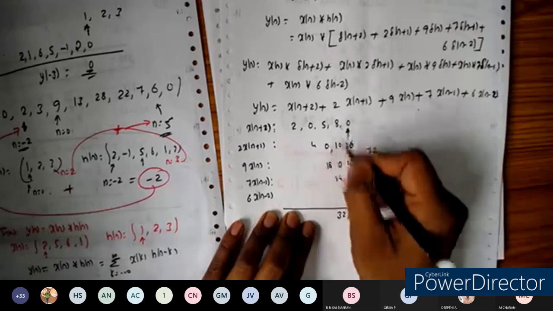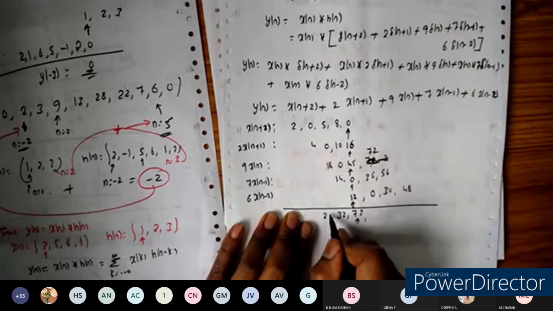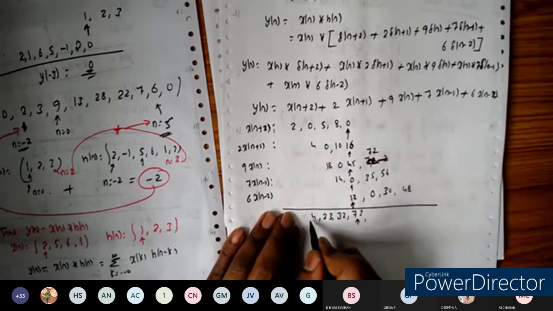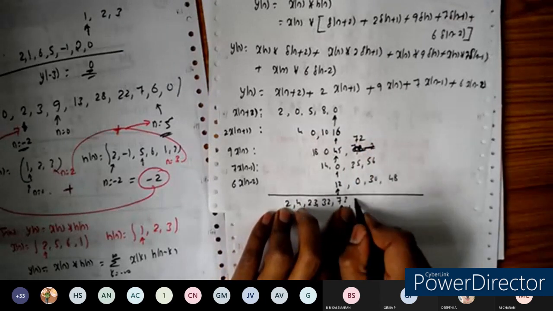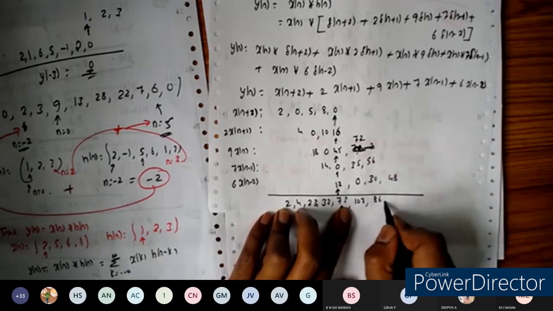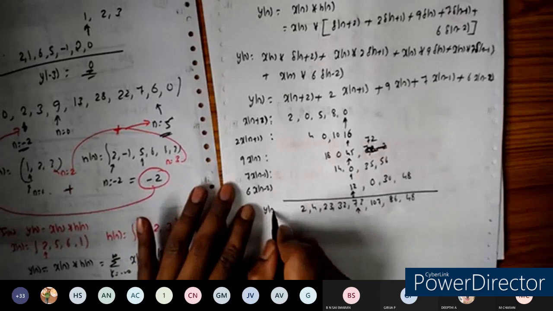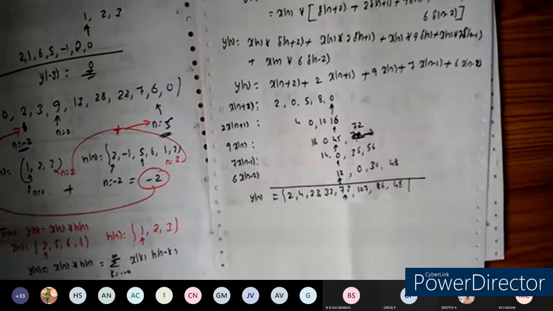Next 18 plus 5 is 23. Next one is 4. So 35 plus 72 is 107. Next 86. Next 48. So this is the sequence called y of n. This will be the origin here.